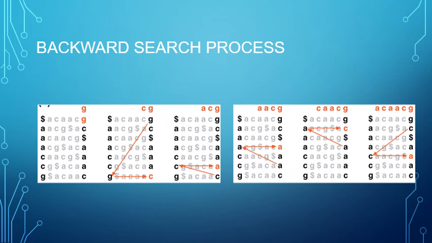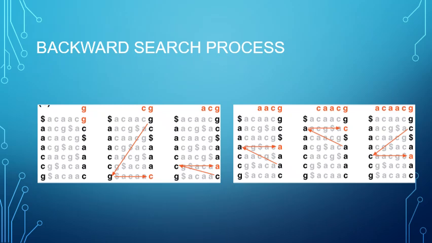So now we go to our first column, and there are 2 Cs. We take the second C, because we know that the C in the last column is equivalent to the second C in the first column.